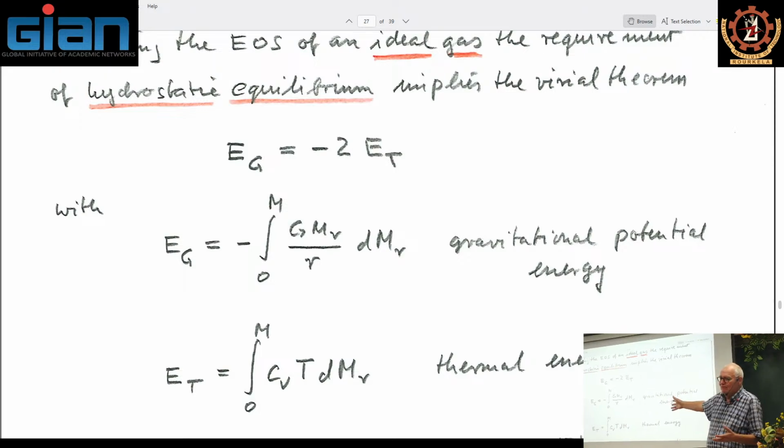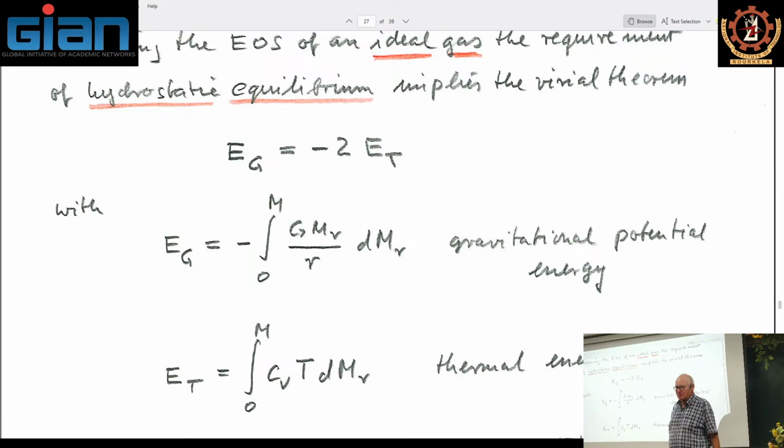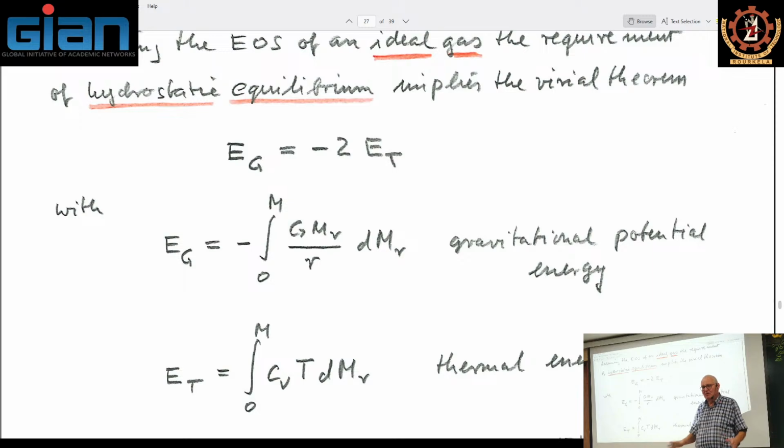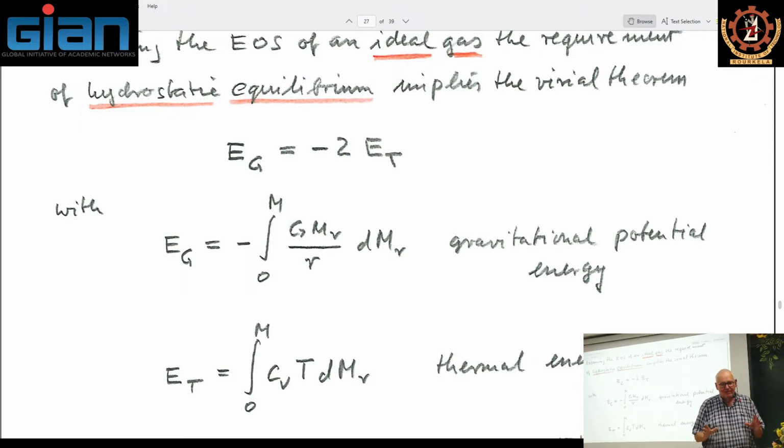But we have not adopted the energy equation. What we have adopted is hydrostatic equilibrium. So keep in mind, the virial theorem has nothing to do with energy conservation, even if its result uses two kinds of energies. It is just a consequence of hydrostatic equilibrium.